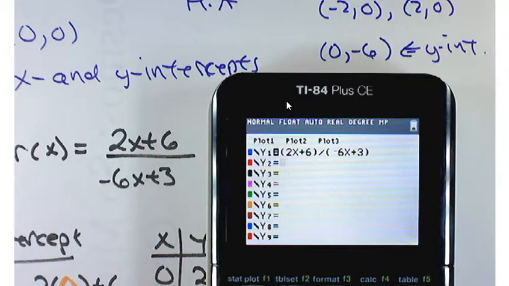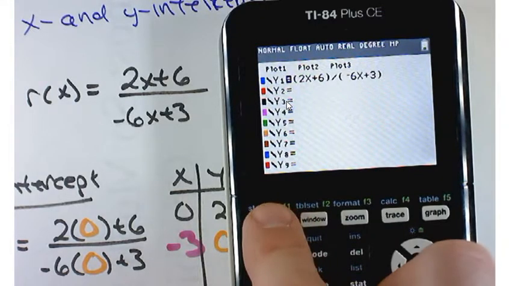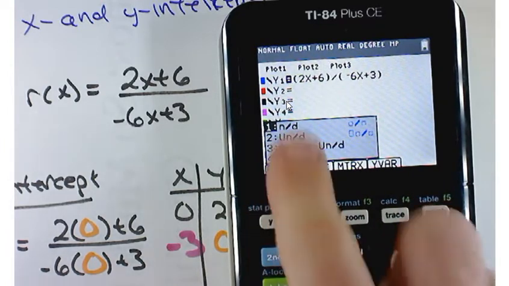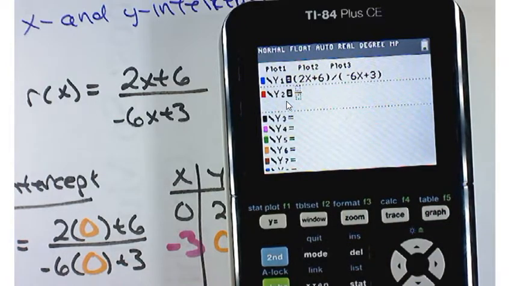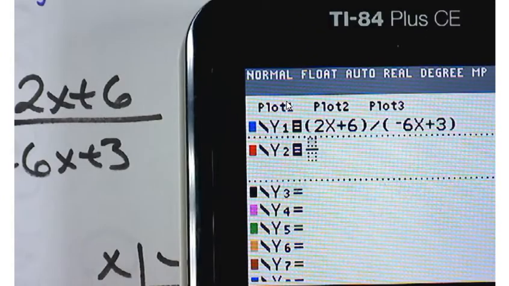Now, if you're like, oh, I know I'm going to forget the parentheses, I know I'm going to make a mistake, then your alternative would be to hit the alpha key, alpha, then y equals, and the first option down there is to do a fraction in kind of a more regular way, the kind of way we'd write it.